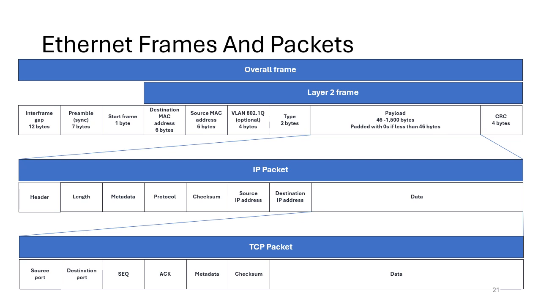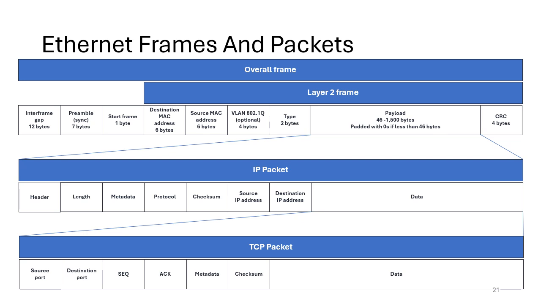Now, within the payload is where we would have our higher level protocol. So in the TCP/IP network, inside the payload, we have the IP packet itself. So the IP packet also has its own protocol specification. So there's a header, there's the length of data, there's some metadata, there's some description about the protocol that's being used, there's a checksum, which is additional checking information, and then there's the IP address now.